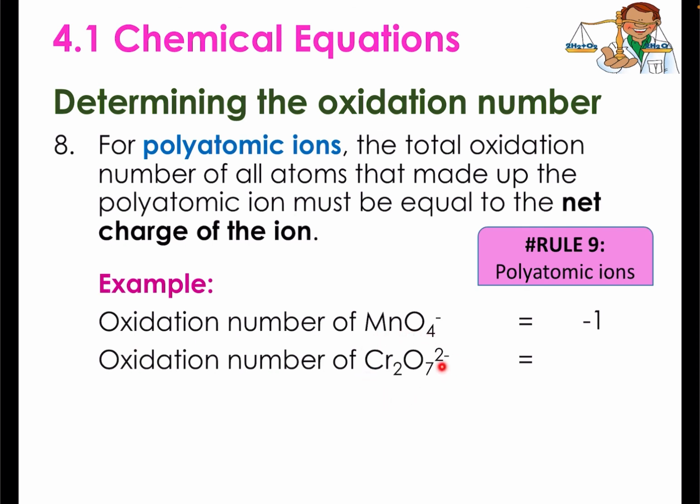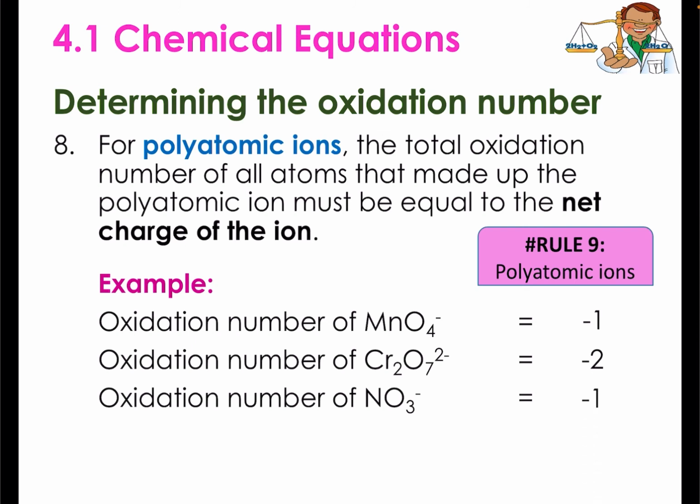Dia mengikut charge di sini, 2 minus. Tapi bila kita tulis, sign negatif akan berada di hadapan nombor. So, dia akan jadi negative 2. And same case for NO3 minus. Charge dia adalah negative 1. So, nilai dia akan jadi negative 1.